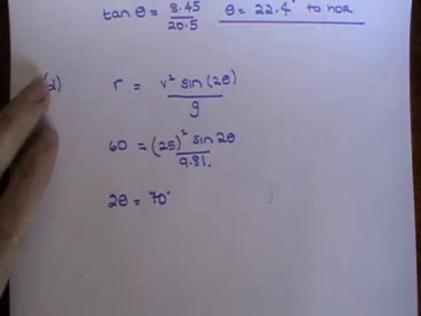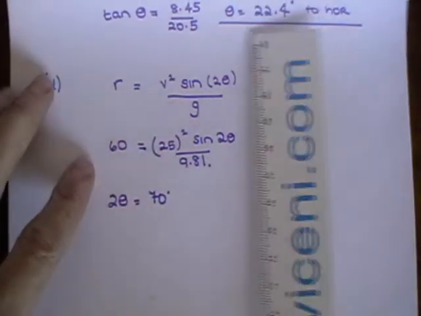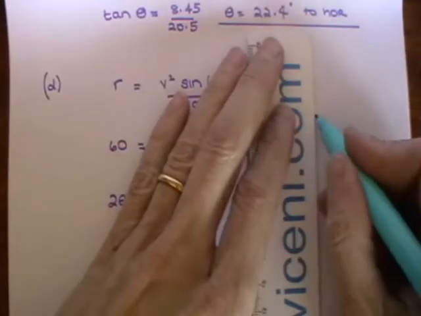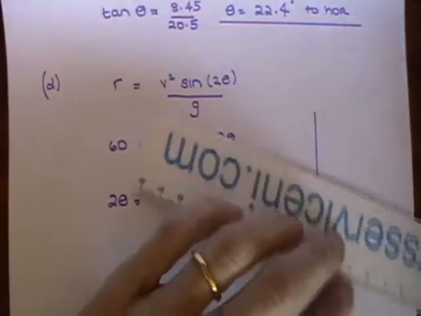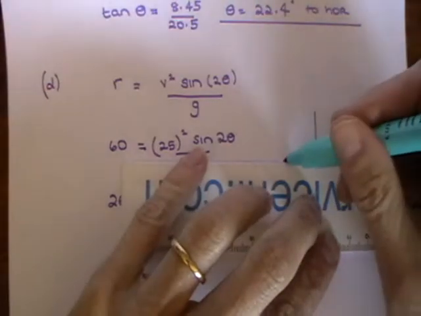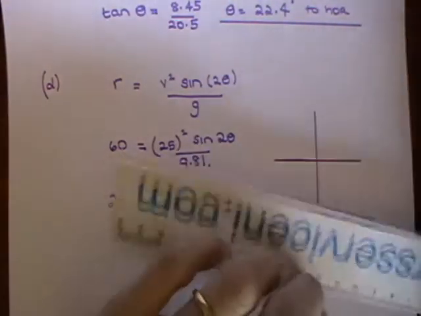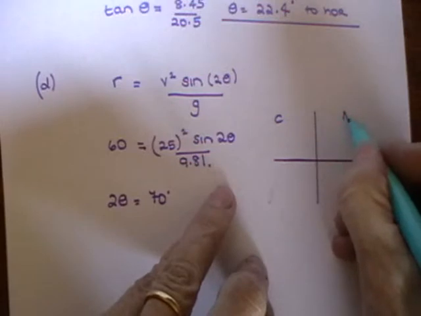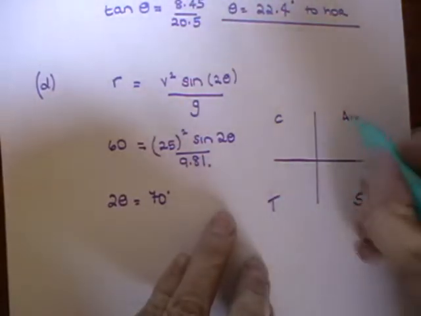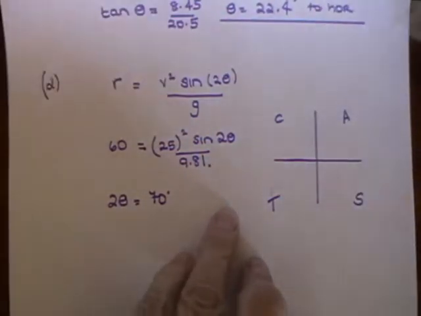But you should know from maths that if we think about the angles in which the sine of theta is positive, one of the places that it's positive is in that first quadrant, but it's also positive in the second quadrant.